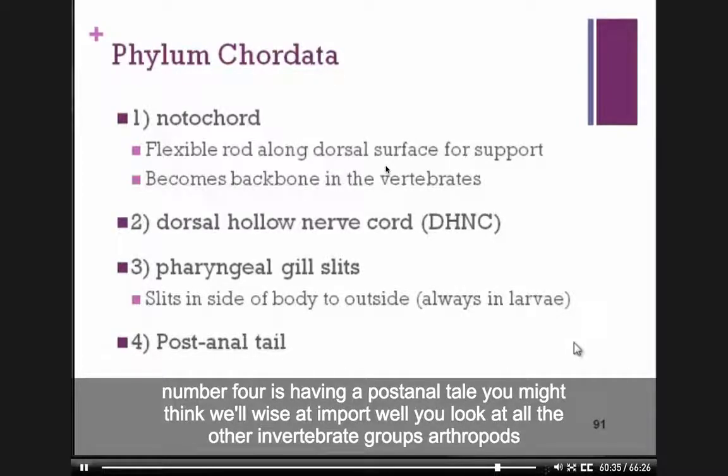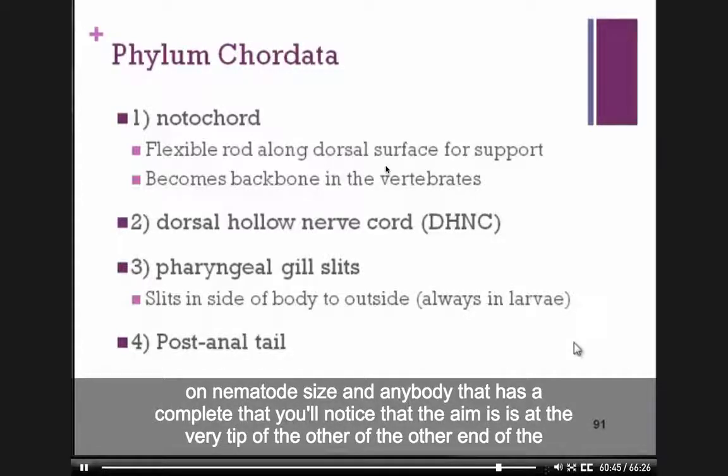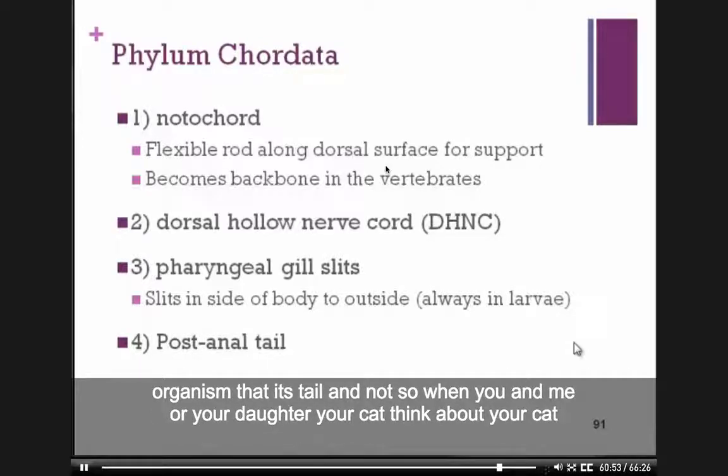Number 4 is having a post-anal tail. You might think, well, why is that important? Well, you look at all the other invertebrate groups, arthropods, nematodes, and anybody that has a complete gut. You'll notice that the anus is at the very tip of the other end of the organism. It's at its tail end. Not so in you and me or your dog or your cat. Think about your cat or your dog.